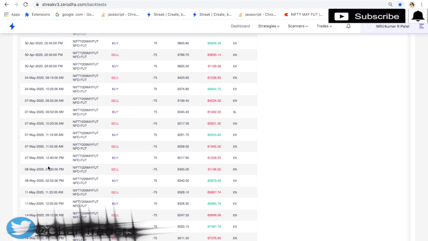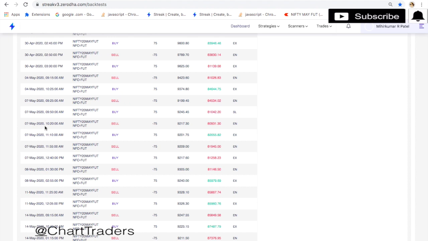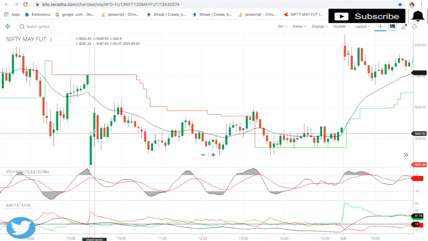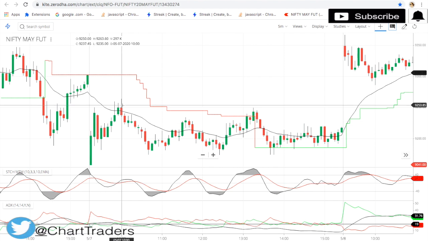That is around 7 May, sorry, 925. We will say 925. Also, all are stop loss. So here also, around 11, we have a profit. 950 exit point from 925 to, and then movement up.